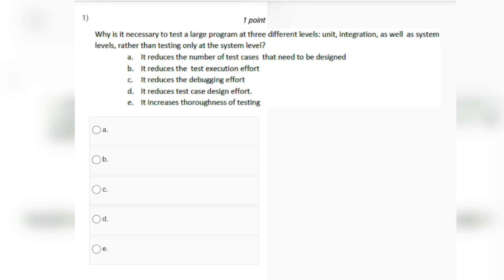Option C is it reduces the debugging effort. Option D is it reduces test case design effort, and option E is it increases thoroughness of testing. So the correct answer for question number 1 will be option E. It increases thoroughness of testing.